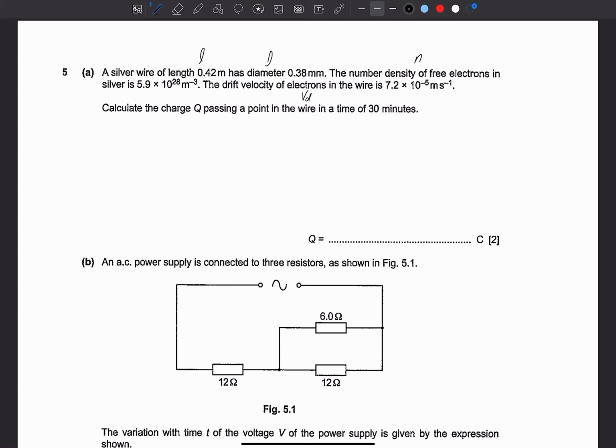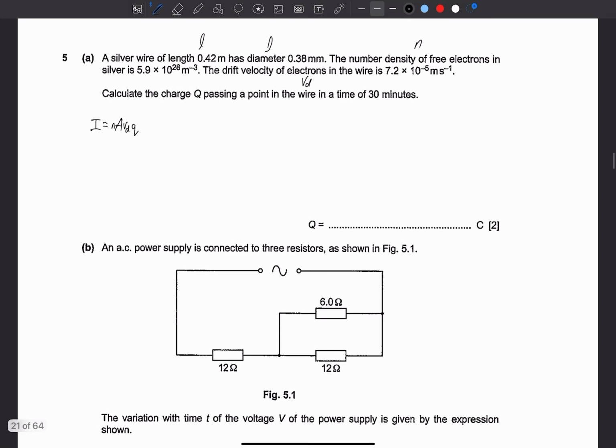Alright, so this looks oddly familiar. I equals n A v_d q. Okay, so we can basically find the current within this wire. The number density n is given by 5.9 times 10 to the power of 28.